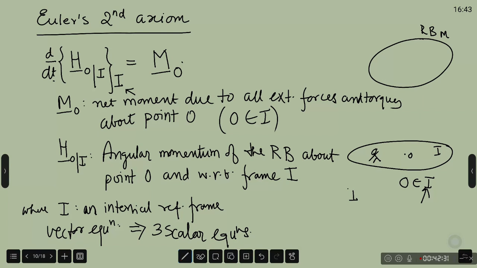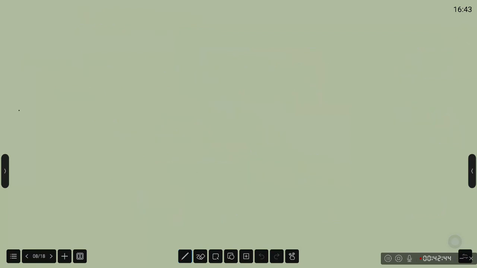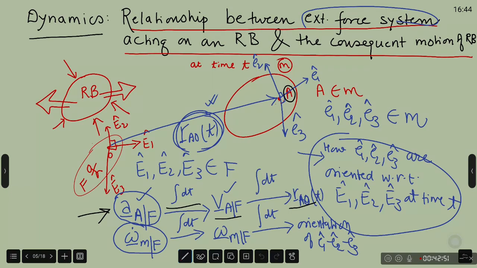So these 2 equations, Euler's first axiom and second axiom, we will use to arrive at a position where we can predict the motion of an RB.